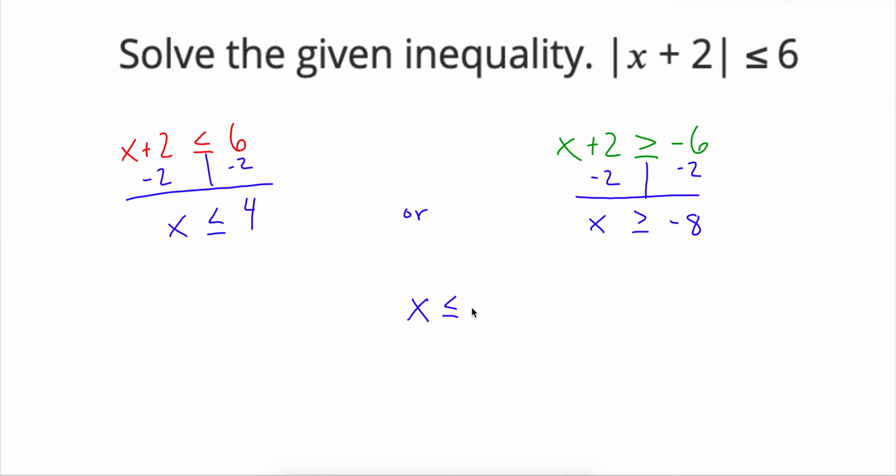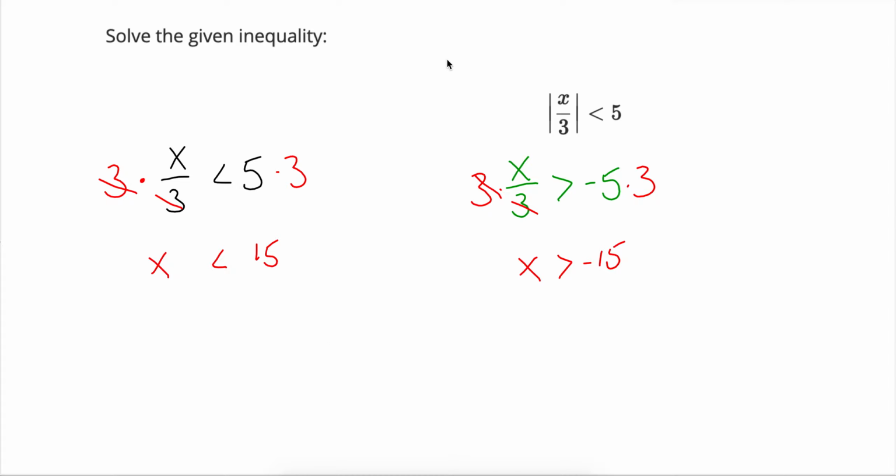We're left with x, these cancel, is less than 15, or x is greater than negative 15. We can write it together down here, with x in the middle: x is less than 15 and x is greater than negative 15.